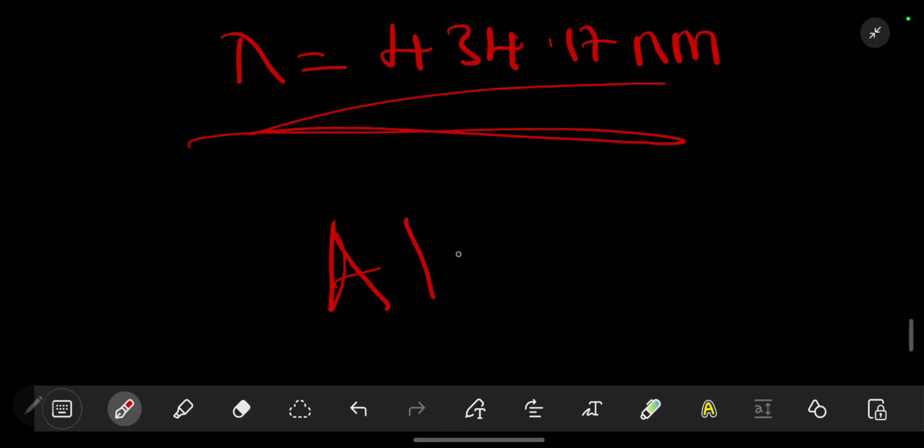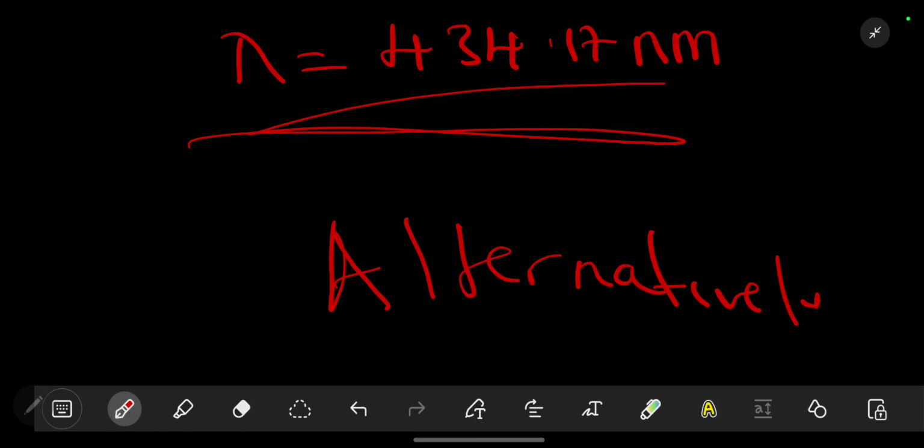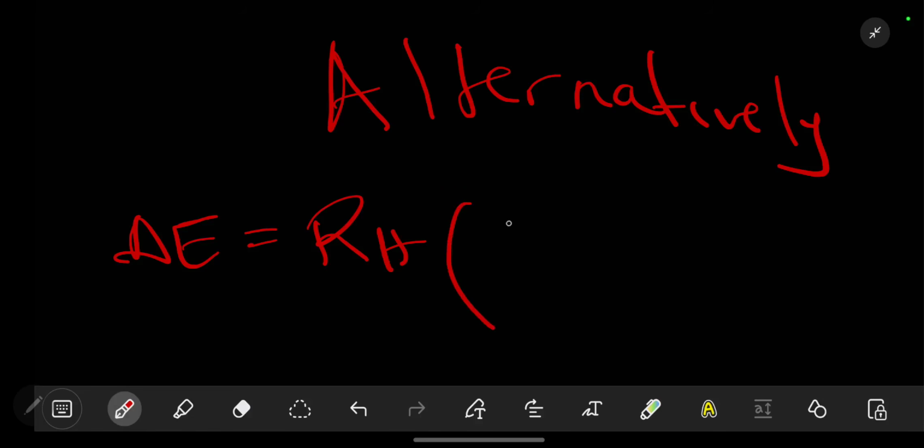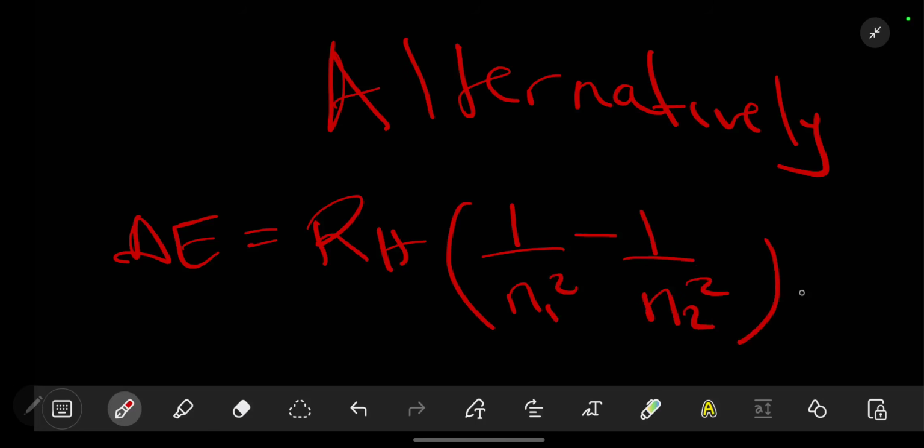Alternatively, using the energy, we have another formula. The change in energy should be equal to the Rydberg's constant. Others will put a negative, but if you don't, you will just say 1 over the initial, n1 squared, minus 1 over n2 squared.